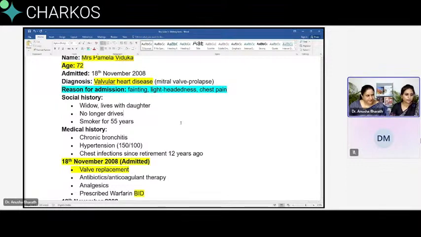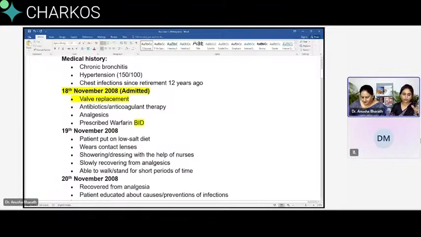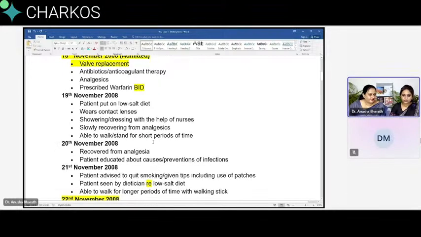What was our assessment of the patient, and what happened after that? So we are going to look at it here. She has undergone a valve replacement after hospitalization, and then she was commenced on warfarin, analgesics, antibiotics, anticoagulant, warfarin again as an anticoagulant. So she was commenced on these therapies, and we have already spoken about that. The patient has not had any complications.